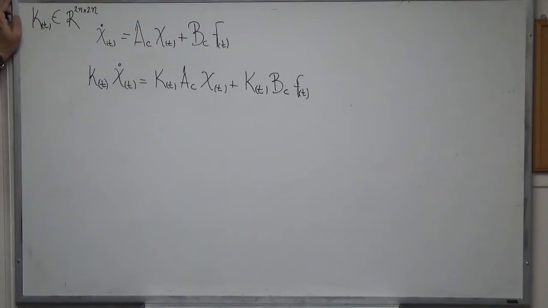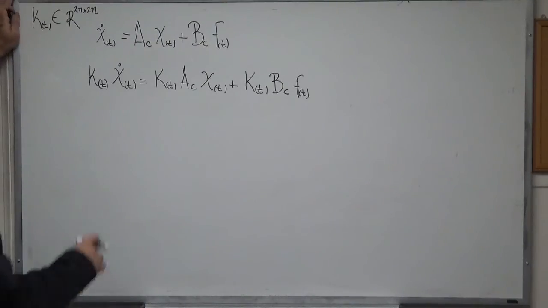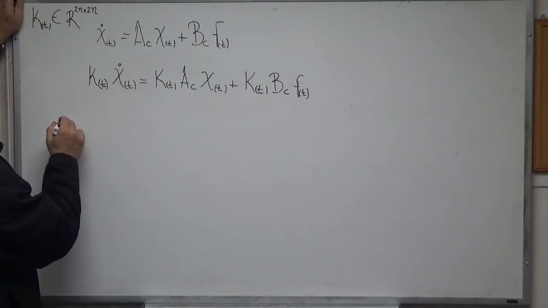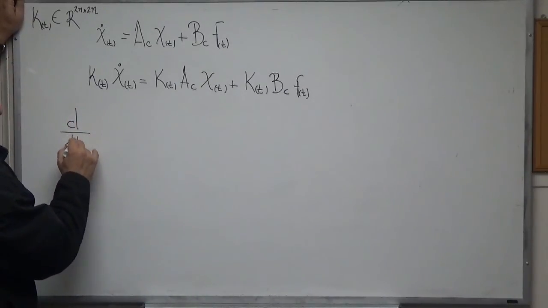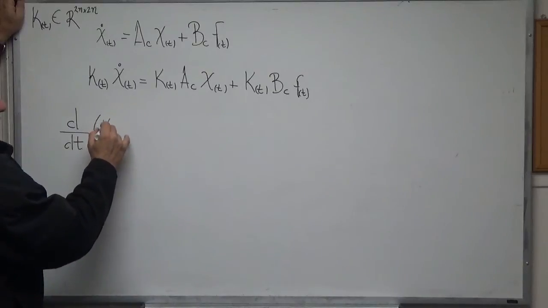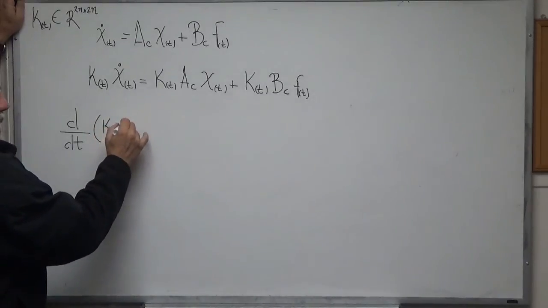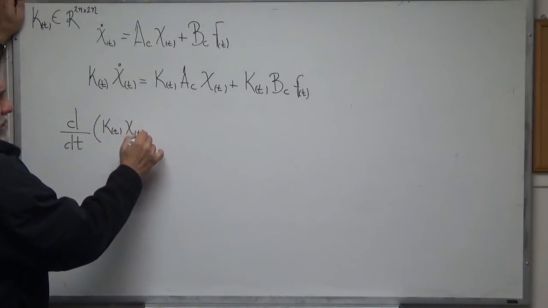Okay? Now, let's take a look at what is the derivative with respect to time of the matrix K of t multiplied by the state X of t.